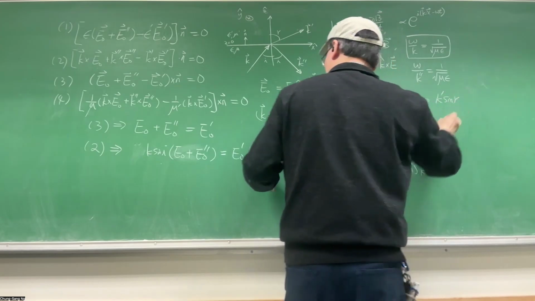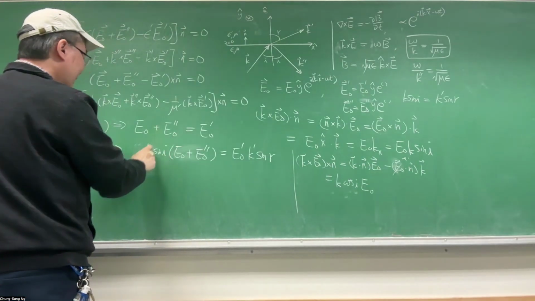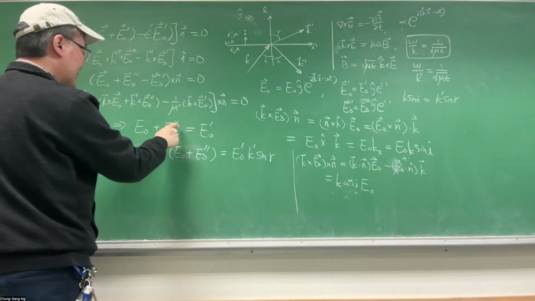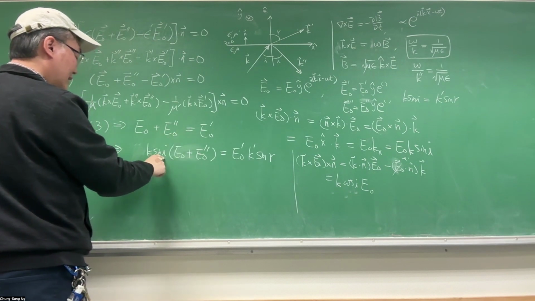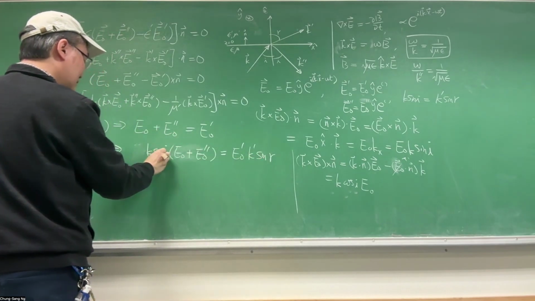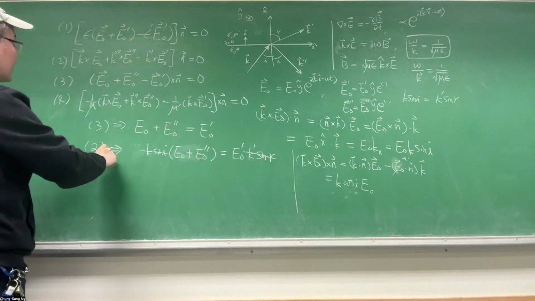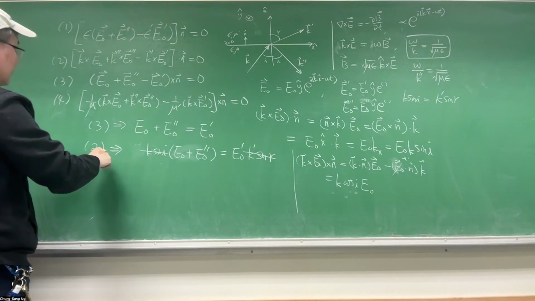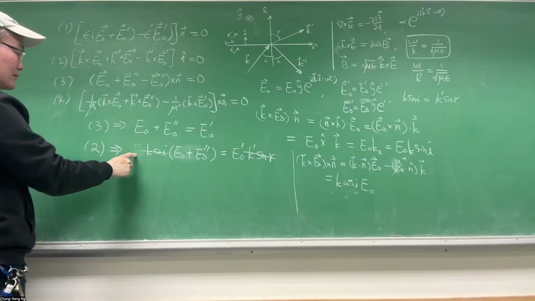This one is not independent. Number two just gives you a repeat of the equation. So k sine I is the same as k prime sine I. So these two cancel, as you see. So this one is exactly the same. Two is exactly from three. Three and two will give you the same equation.